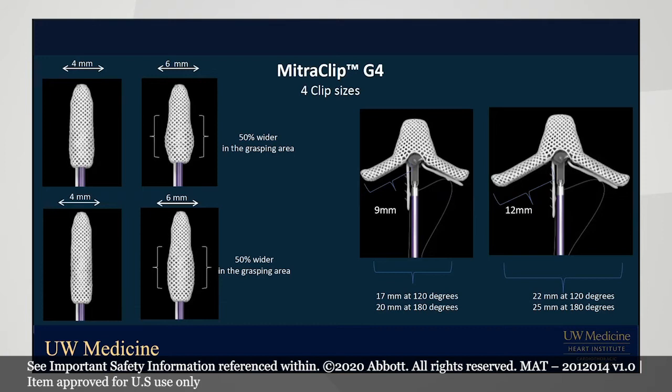For the NT size, which is 9 millimeter, we need to have at minimum 6 millimeter of leaflet insertion and therefore leaflet length. That's just important for the frictional elements to really have enough leaflet contact.